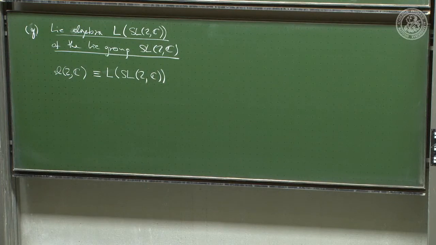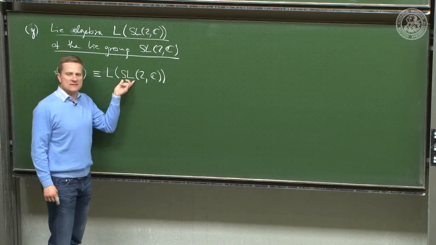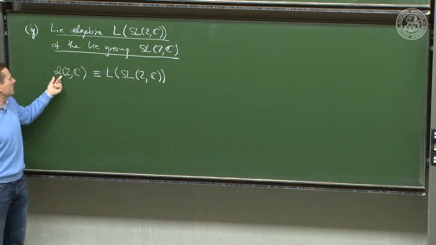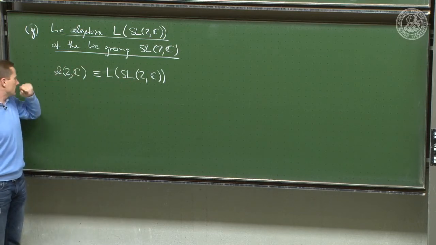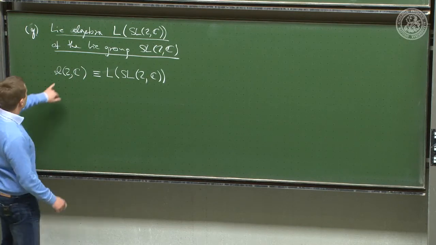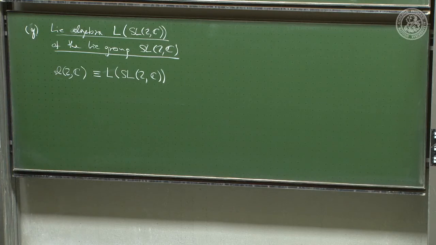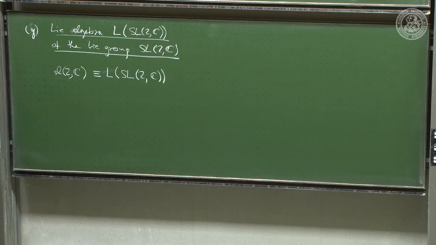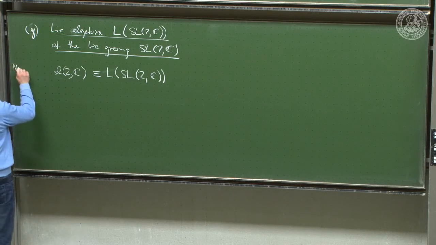So if you have a Lie group and it carries a capitalized name, which it always does, then the corresponding Lie algebra carries the small letters. SL2C, okay, that's just terminology, notation.